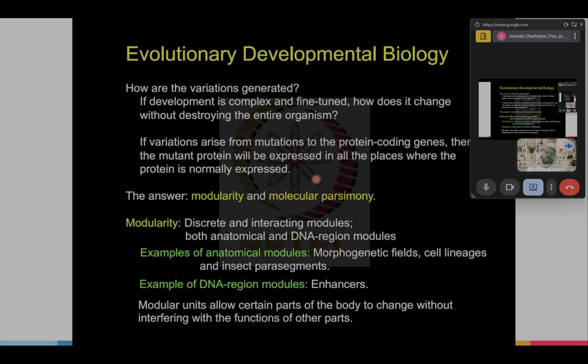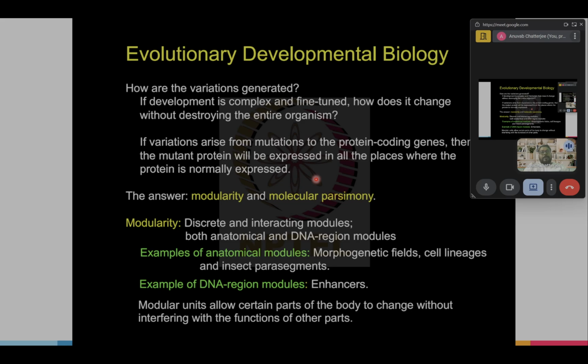For example, the toolkit pathways such as the BMPs, the FGFs, the serine threonine kinases. All of these are used everywhere in the body, and changes to one of them can cause various changes in the body plan. So that gives rise to variations, as well as other master regulator genes such as the Hox genes or the homeotic genes.